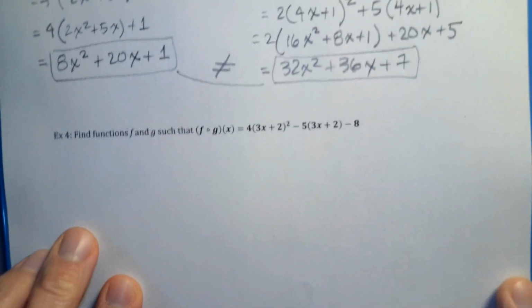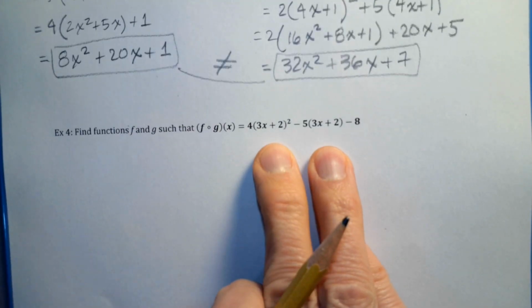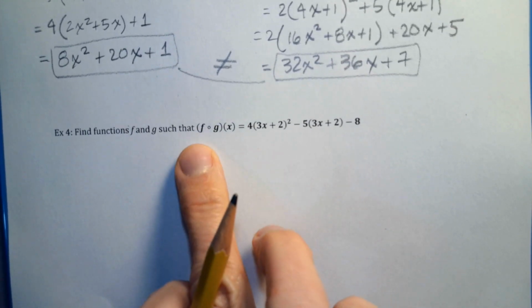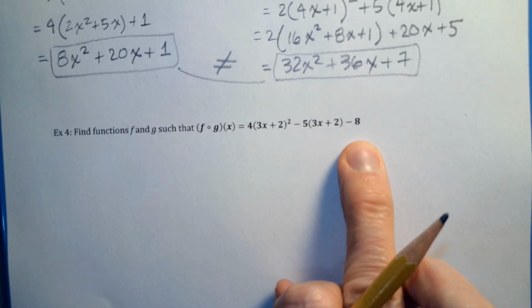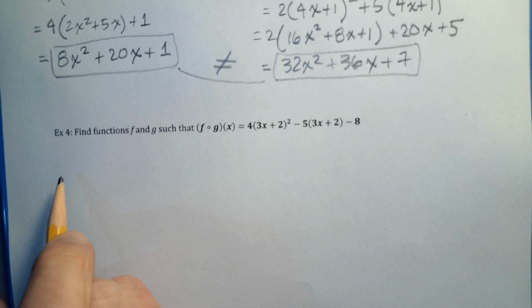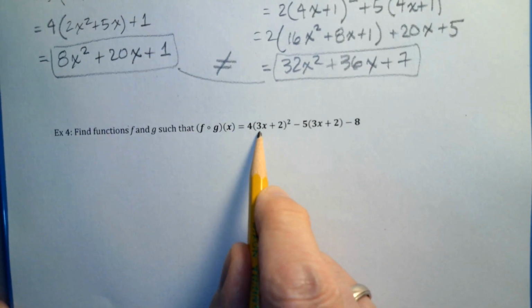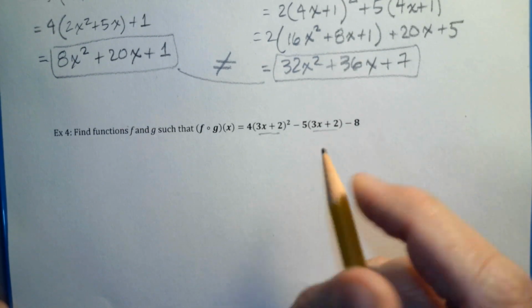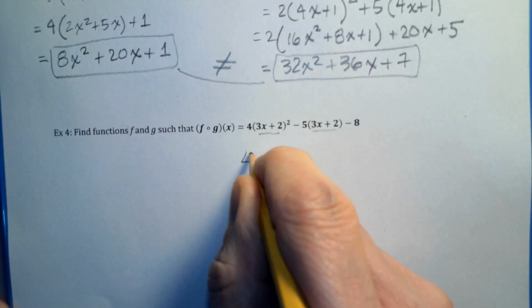Use that idea now down here and write 2 functions, f of x and g of x, such that f of g of x would give us this. So pause the video and try that. So it looks like we plugged 3x plus 2 into that.